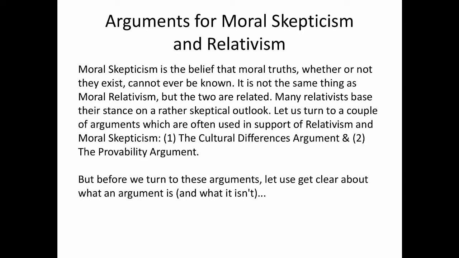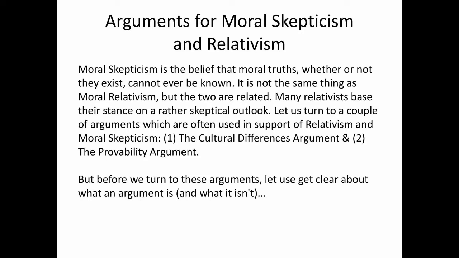So what's the typical argument? I'm going to give you two of them. The first one is called the cultural differences argument, and the other one is called the provability argument. These are two arguments used to support the idea that morality is maybe impossible.